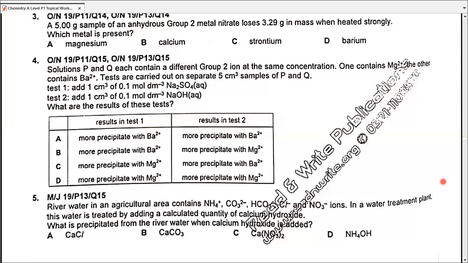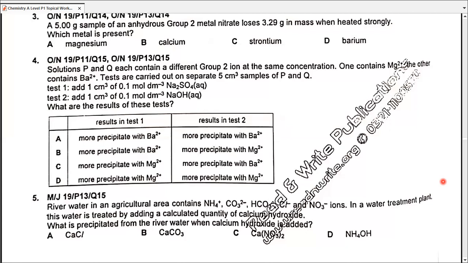Now, why do you think B is correct? Solubility of sulfates decreases down the group and hydroxides become more soluble down the group. So something related to that.